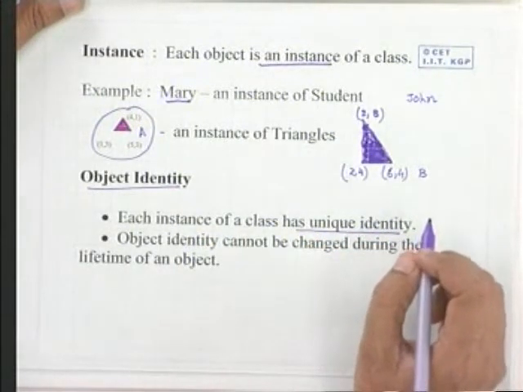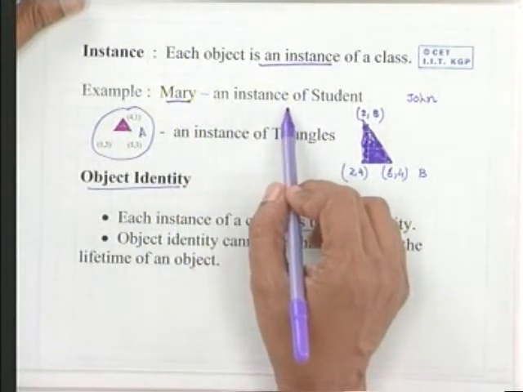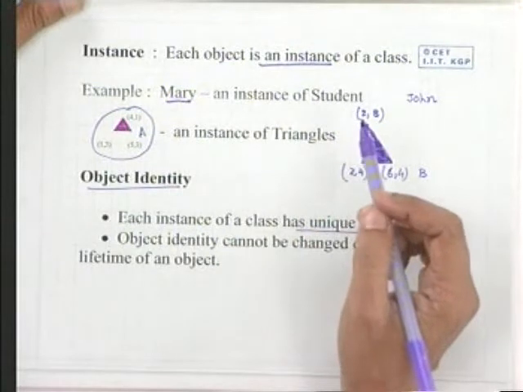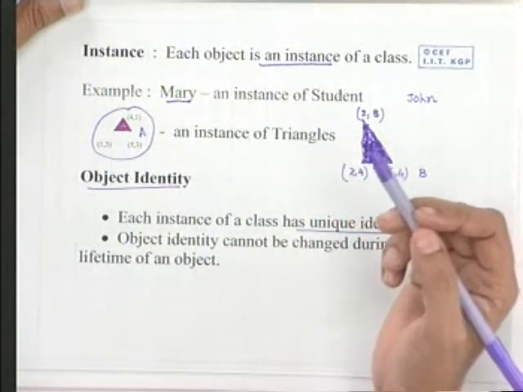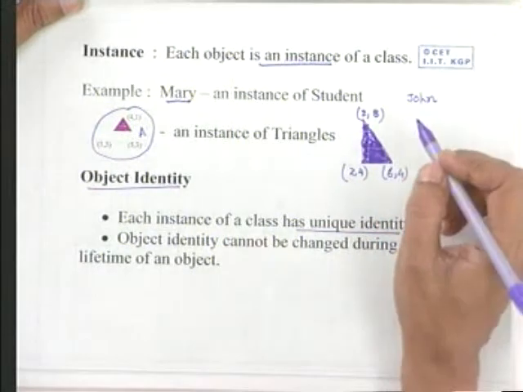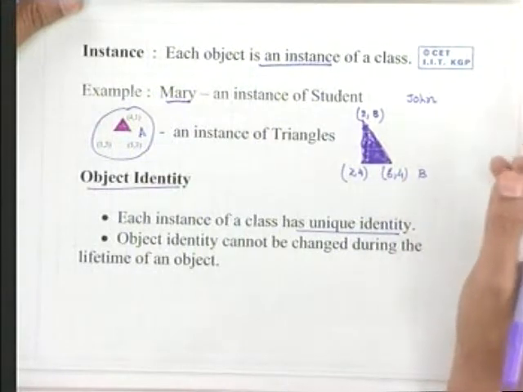We cannot take Mary, an instance of student, as unique, in the sense that there may be two persons having the same name. So it will be necessary to have an identity, so that if there are two Marys in the same student class, we distinguish them by an object identity like roll number.